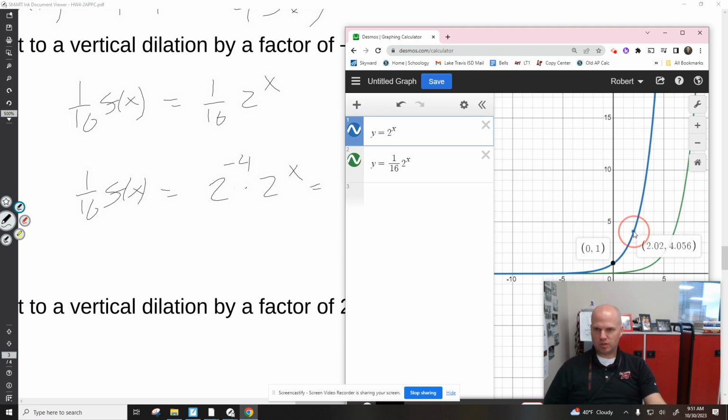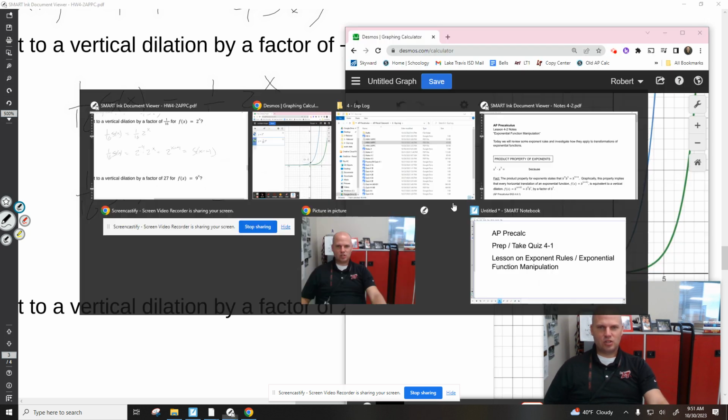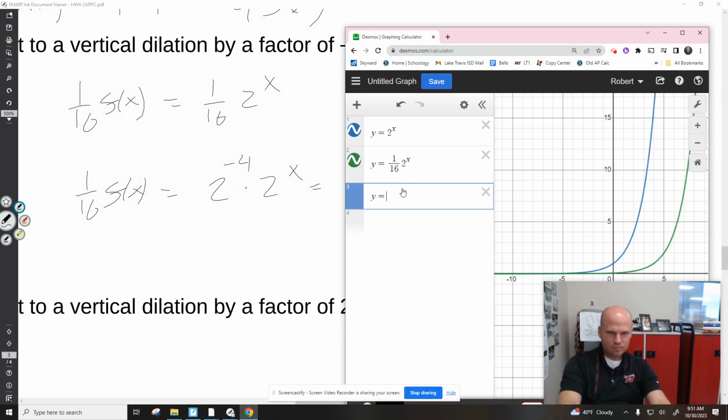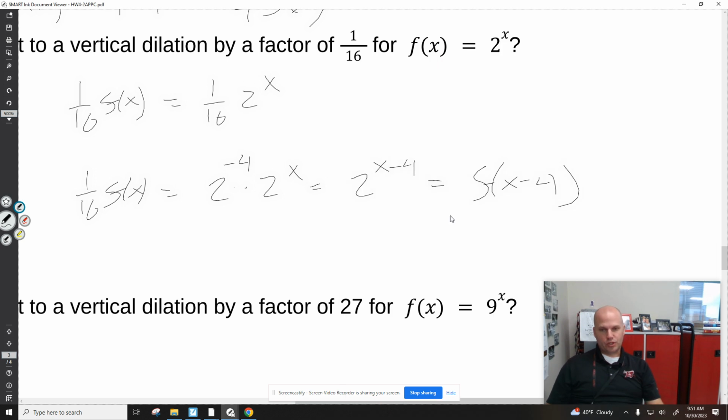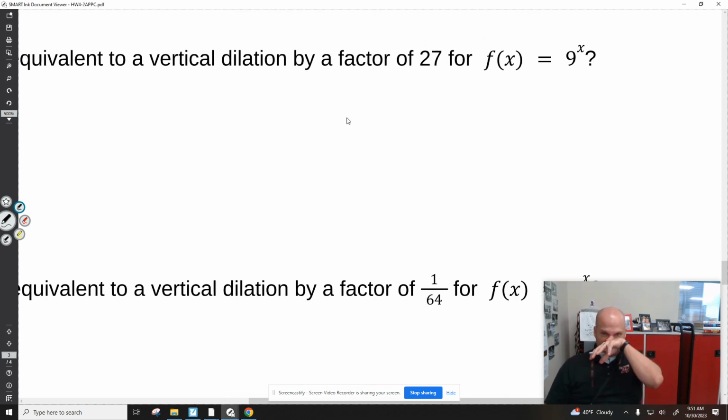You could shift this point over 4 to get the same thing. You can see 2 to the x minus 4 is equivalent to 1/16 times 2 to the x. Cool stuff, but tricky stuff.